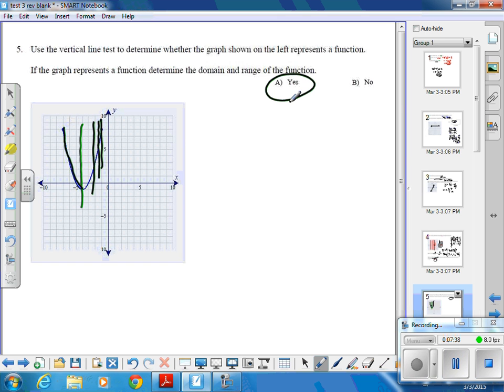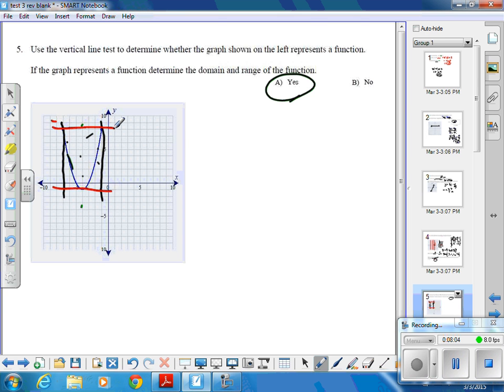It is a function. So what's the domain? Well, from what x to what x does this graph go? That's the one thing we have to figure out. This x is where it starts, this x is where it stops, this y is where it starts, and this y here is where it stops.